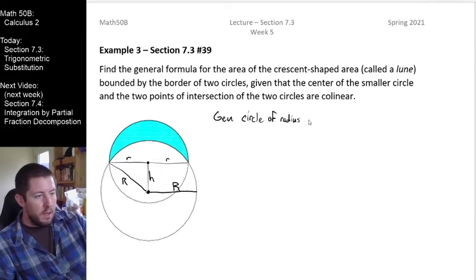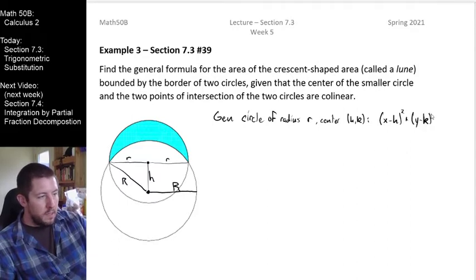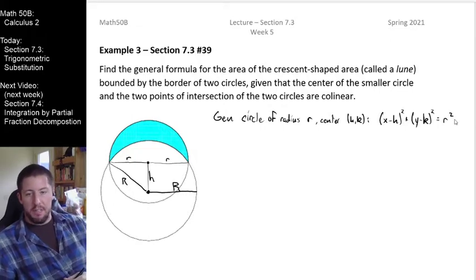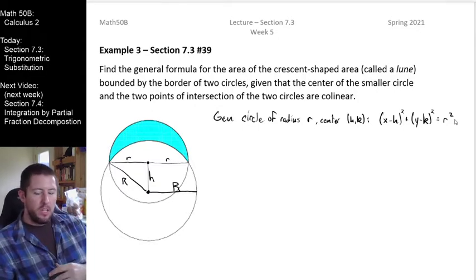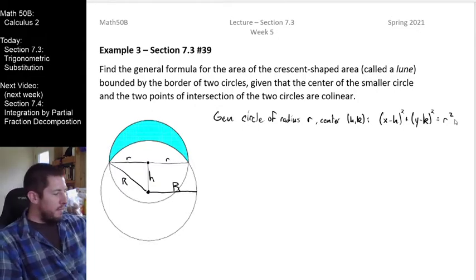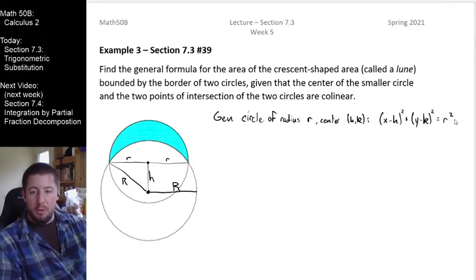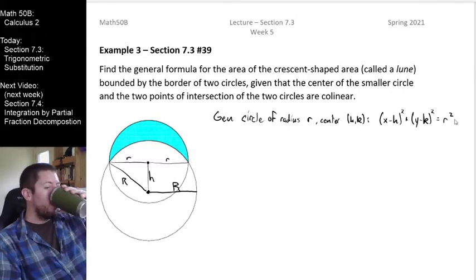For a radius of r and a center, which we typically denote as (h, k), I can write this as (x minus h) squared plus (y minus k) squared equals r squared, right? That's my general equation of a circle right there. Any location in space, any radius, we can use that equation. I'm always thinking to myself as a math person, man, I hope I just get to do math with the number 0 all day.